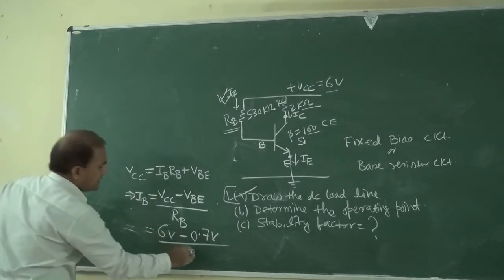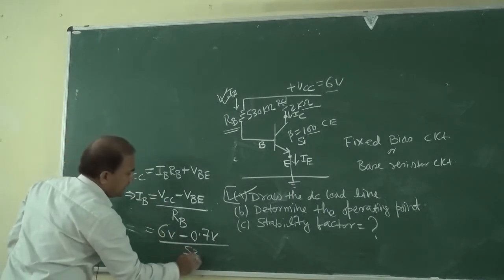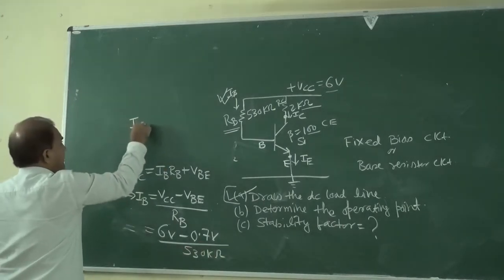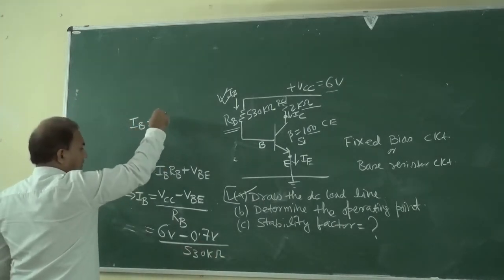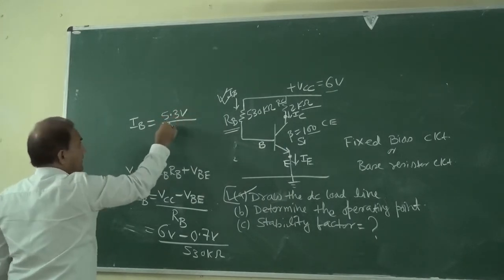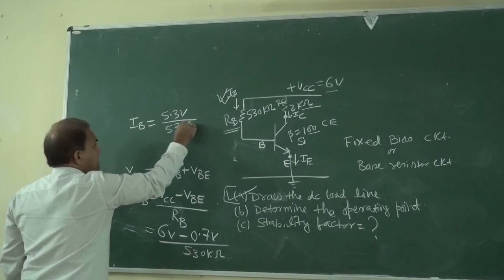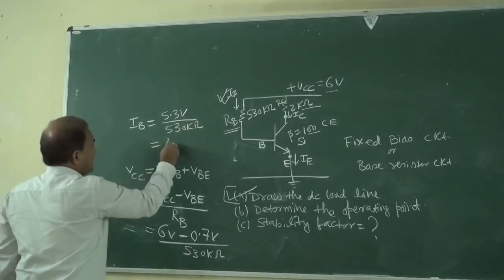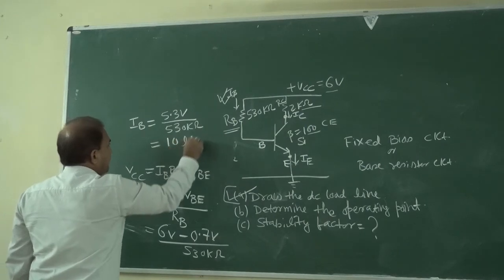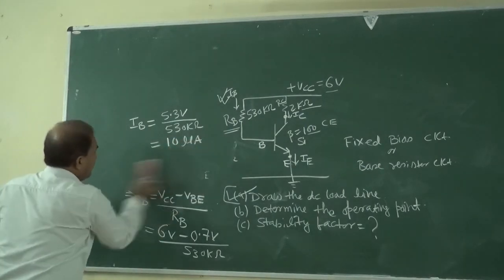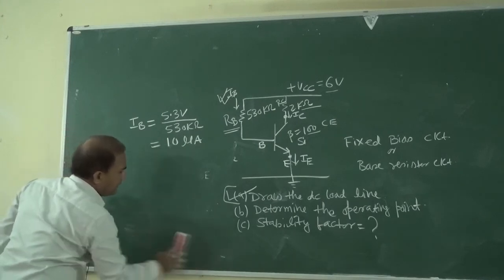Divided by RB, which is 530 kilo ohm. Here IB is equal to 5.3 volt divided by 530 kilo ohm, which is equal to 10 microampere.